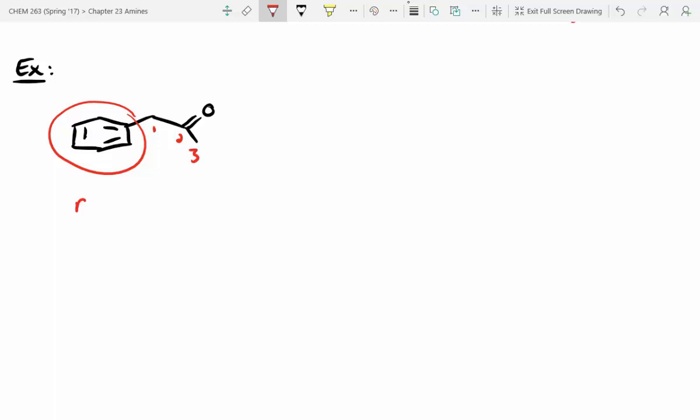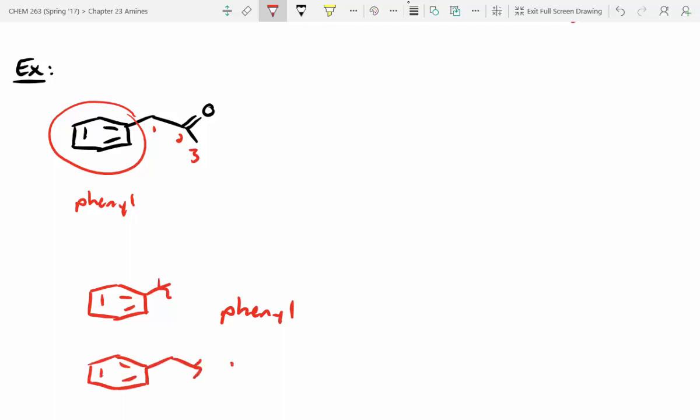Phenyl. This is something that's messed up a lot: if you've got a benzene ring coming off of something, this is a phenyl. If you have a benzene ring with a CH2 spacer, this is a benzyl group. So this would be a phenyl substituent, not a benzyl substituent. I see that getting mixed up a lot.